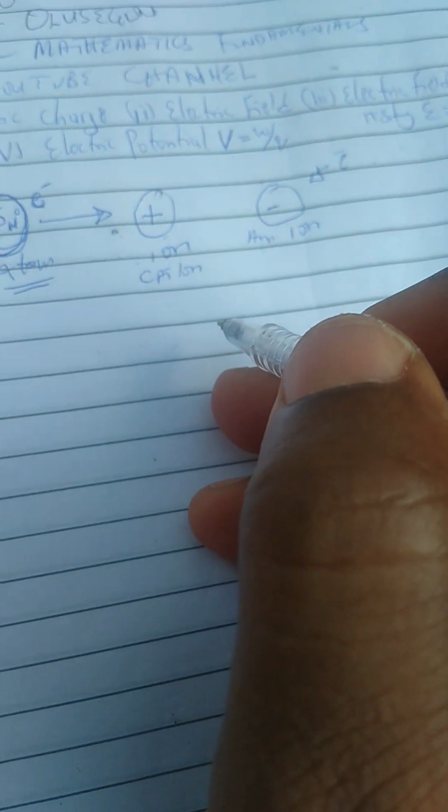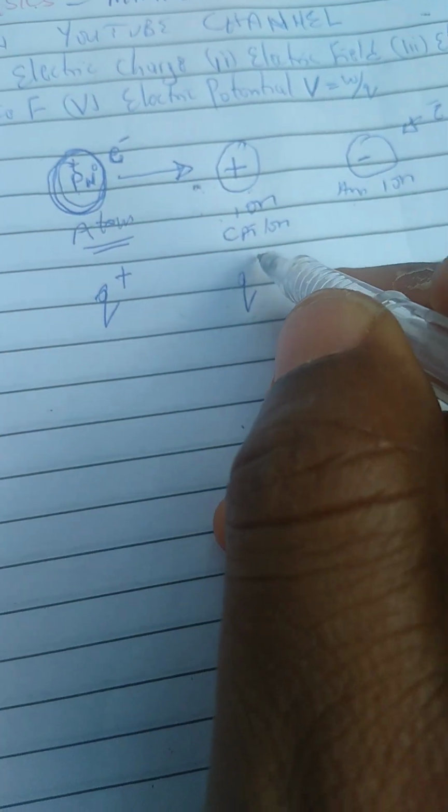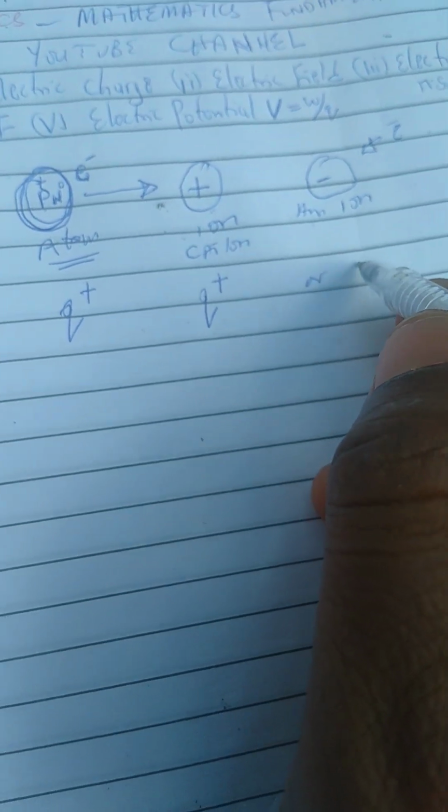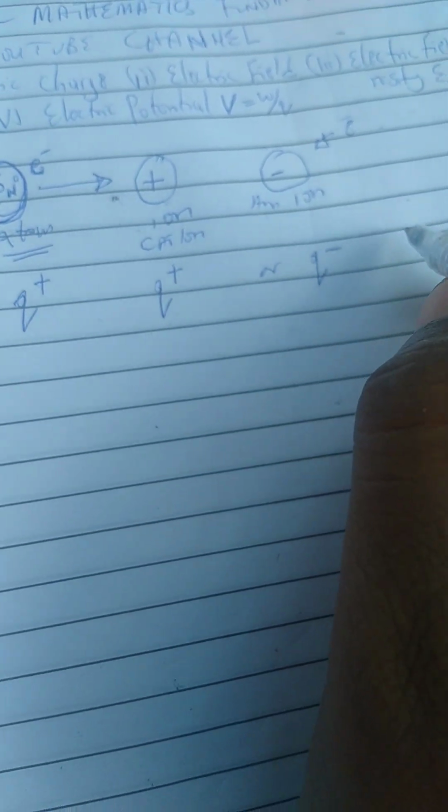And then, according to the fundamental law of electricity, like charges repel. For instance, let me say I have charge Q, which is positive, and I have charge Q, which is also positive, or I have charge Q, which is negative, and I have charge Q, which is negative. These charges, because they carry the same sign, they will repel each other.